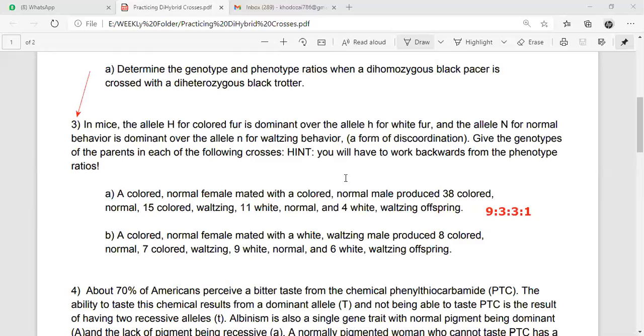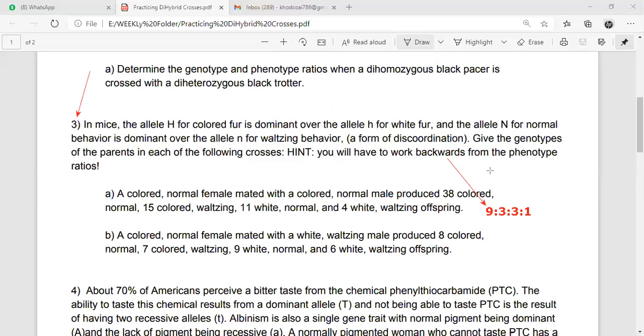Number 9 means both dominant traits, for example, a dominant colored fur and normal behavior. So it will have 9 out of 16. Next, one will be the dominant trait, for example colored, and waltzing is a recessive trait, correct?